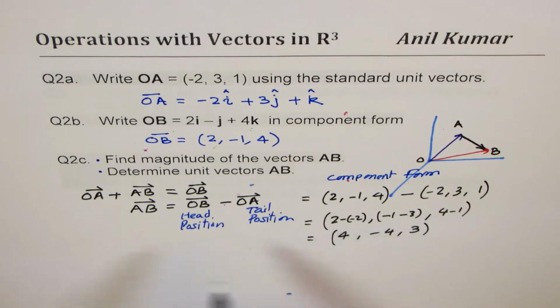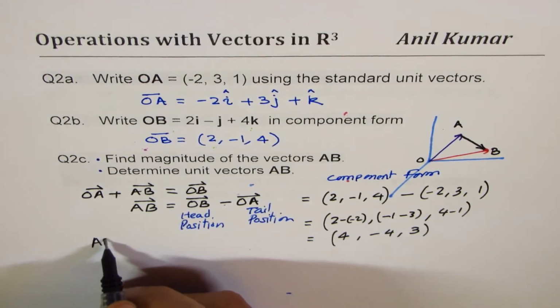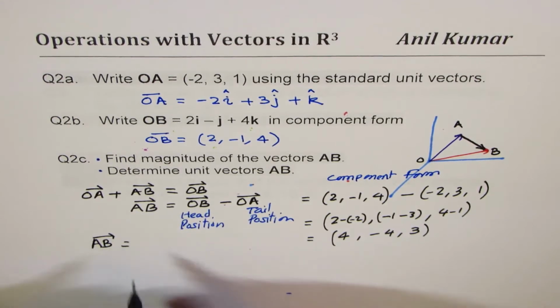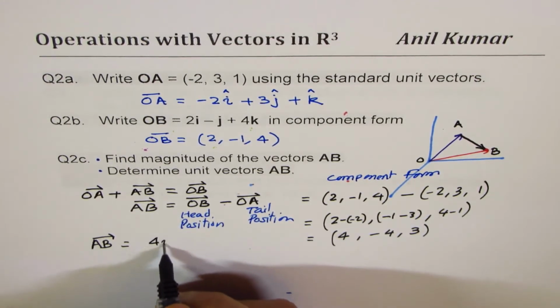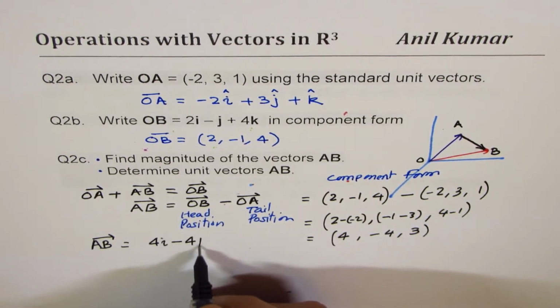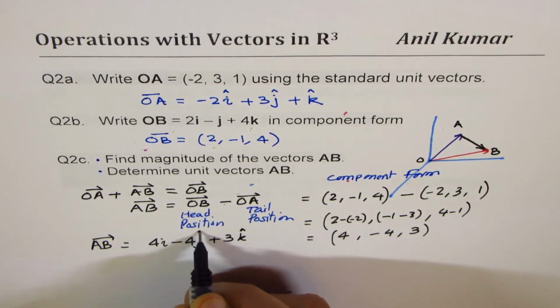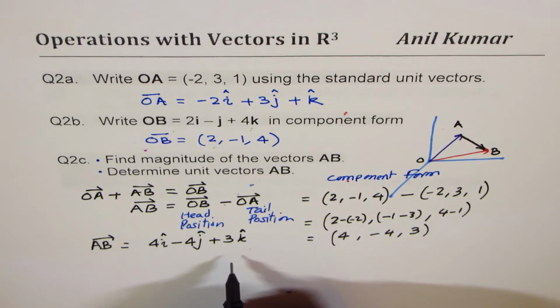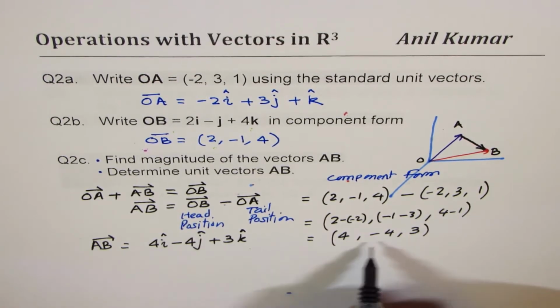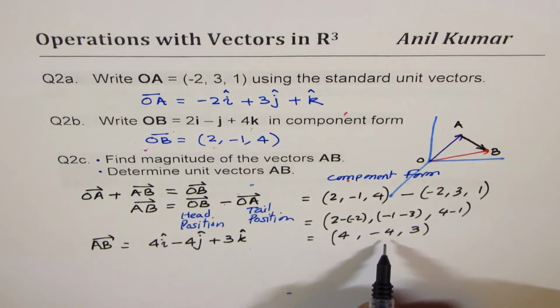So that becomes the vector AB, right? I could write vector AB also as 4i minus 4j plus 3k. Is it okay? Either way, that becomes your standard unit form, and this is the component form.